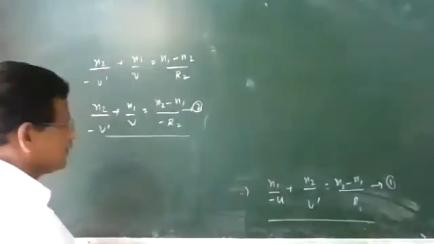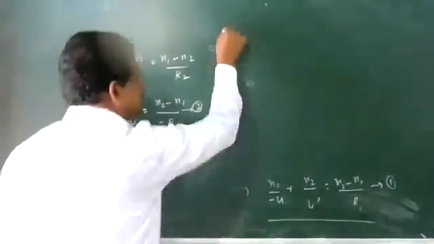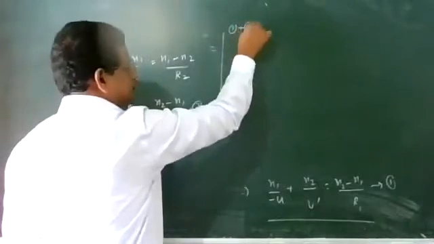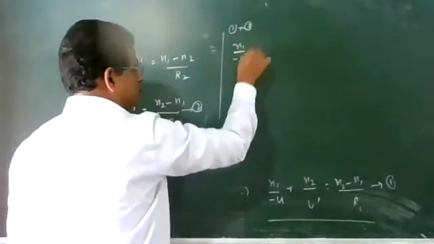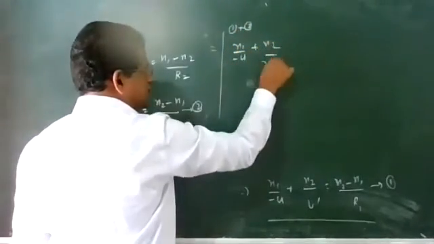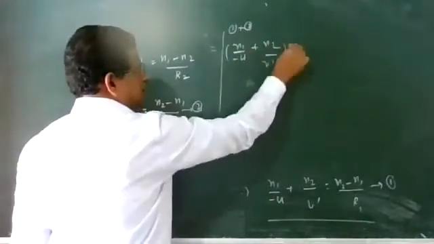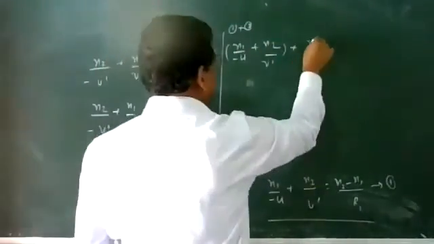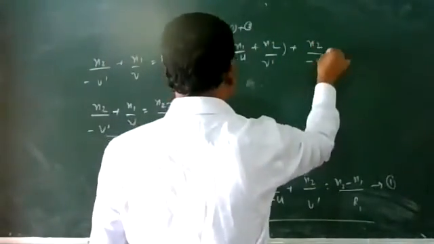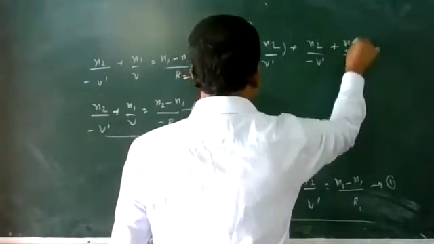Adding 1 and 2, on the left side we have n1 upon minus u plus n2 upon minus v dash, and in the second equation the left side is n2 divided by v dash plus n1 upon v, equal to.